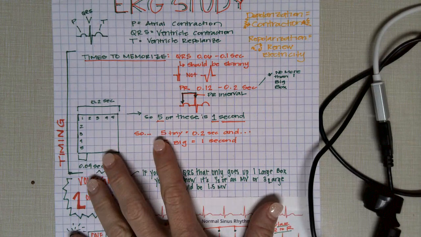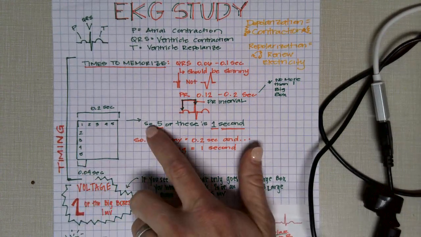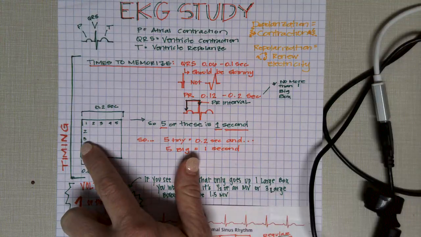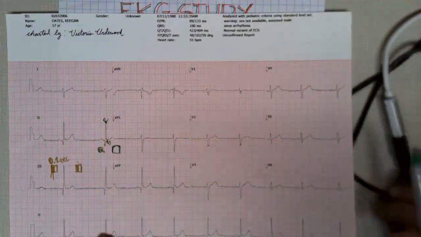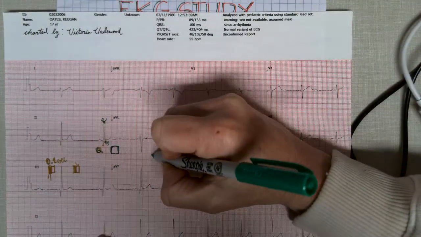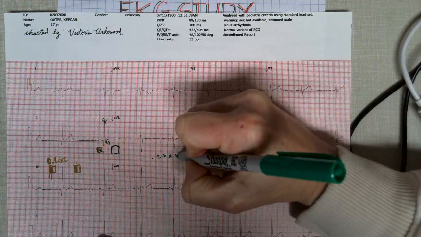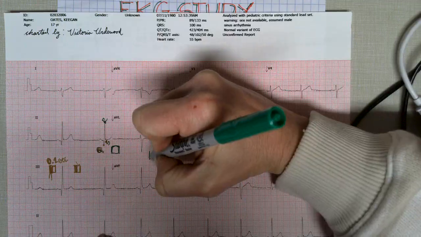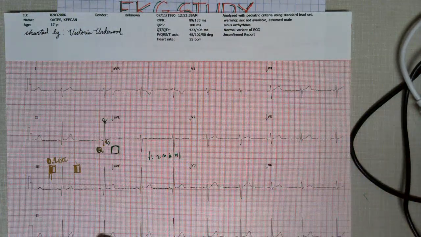When we're talking about mapping out the times on an EKG, what you need to know is 5 of these is 1 second, right? So 5 times 0.2 equals 1 second. So if I'm looking at an EKG and I'm trying to map something out, I got 1, 2, 3, 4, 5 of these. And I'm going to draw where I started and draw where I end. That is 1 second.